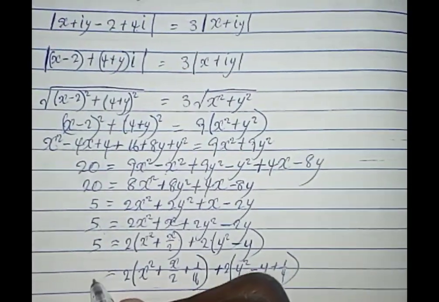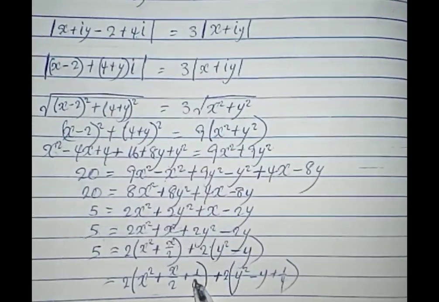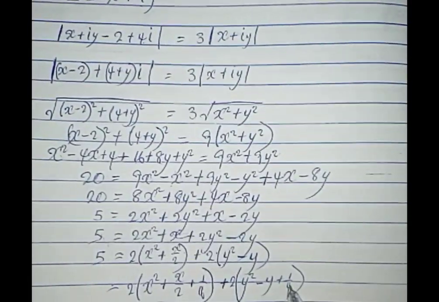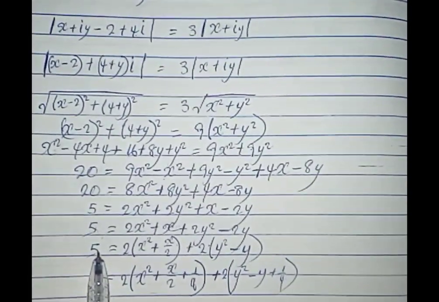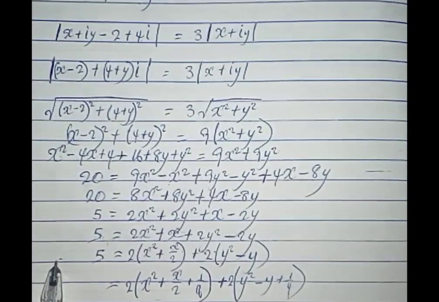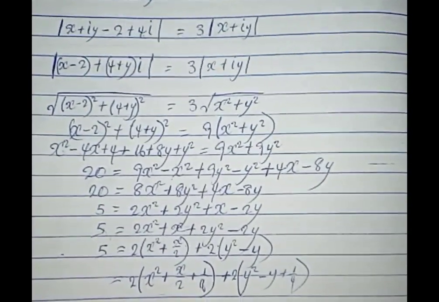Don't forget, since I added this to this side of the equation and as well added this to this side of the equation, I would as well do the same in this part of the equation so as to make the equation balance.